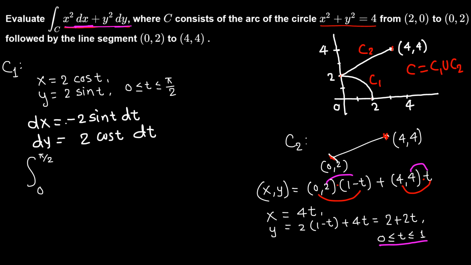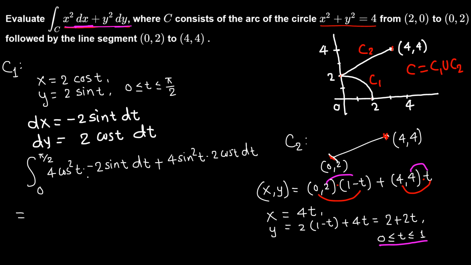So x squared means (2 cosine t) squared, 4 cosine squared t, times dx, which is negative 2 sine t dt, plus y squared, that's (2 sine t) squared, 4 sine squared t, times dy, which is 2 cosine t dt.